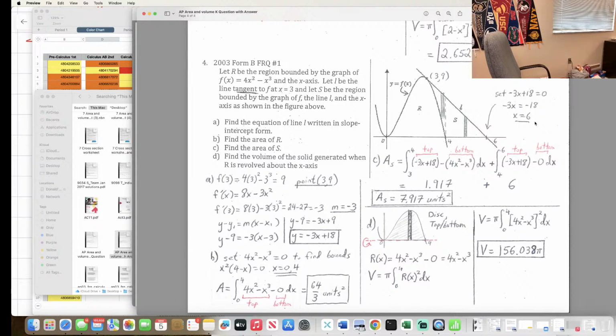Setup is right. There's two washers. Okay, and then I got.